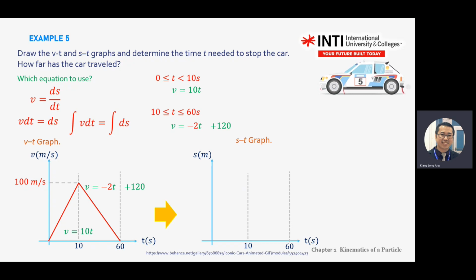Then this one is minus 2t plus 120. So you solve for this one. So when you integrate, you can find the area on the graph, right? This is a triangle, right? Take this one, multiply this one, divide by 2. You get a point at 10 seconds.